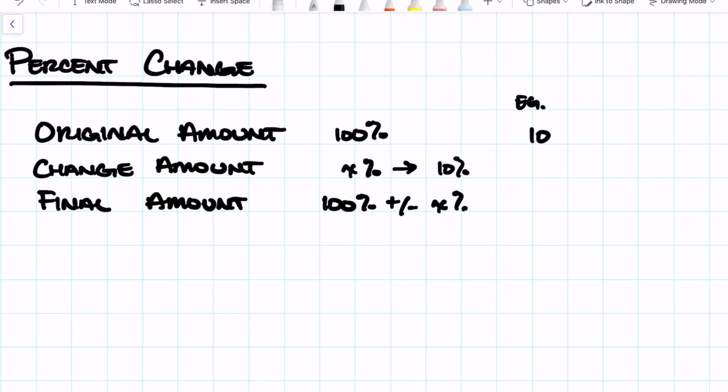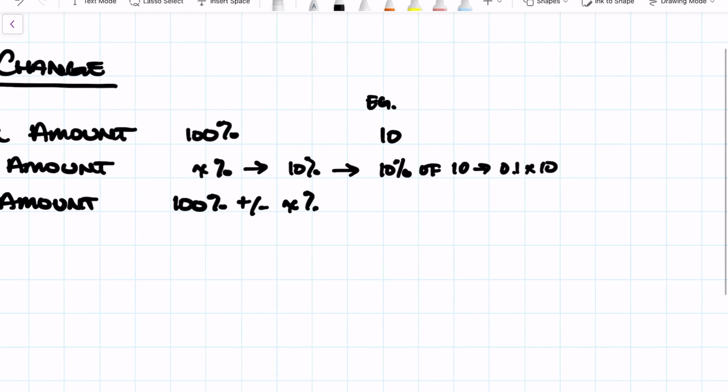So an increase of 10%. Now what is that? Well, in order to find out, you need to find out what 10% is of the original, so of 10. And in this case, how do you find that out? Well, it's going to be 0.1, because that's 10%. 0.1 times 10.